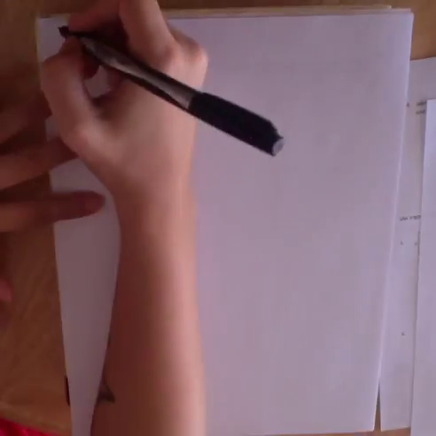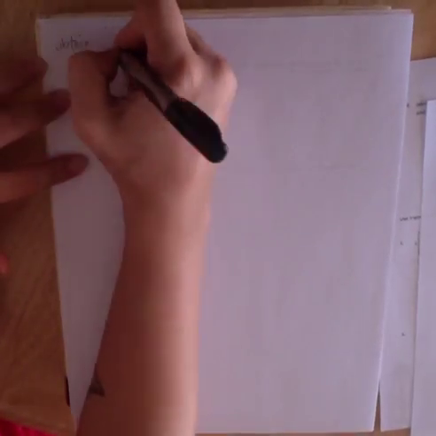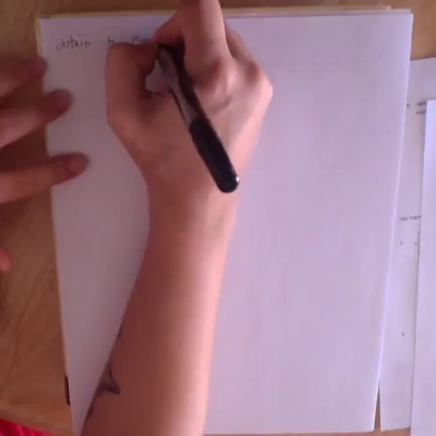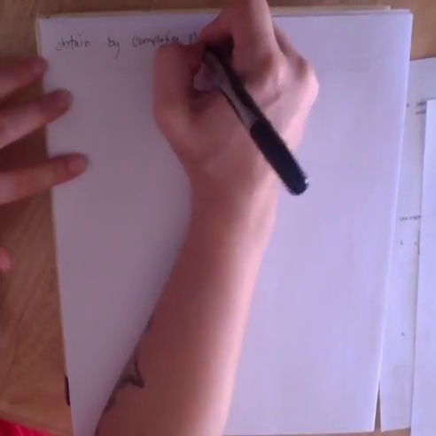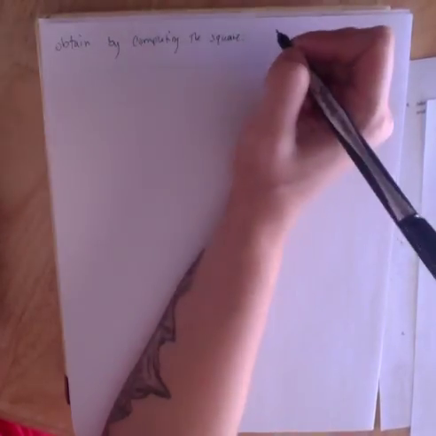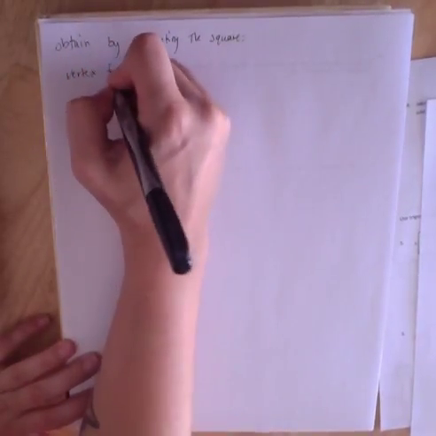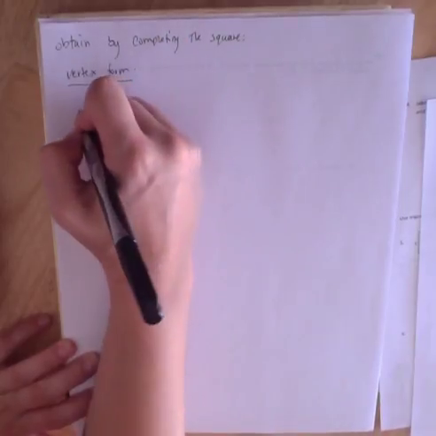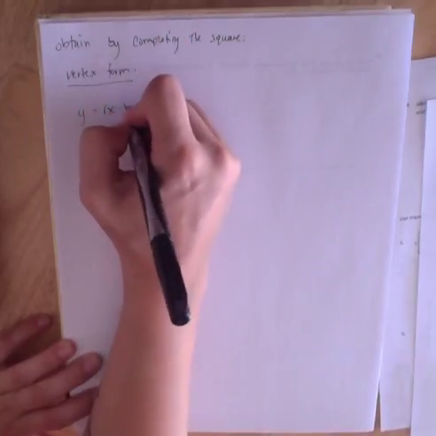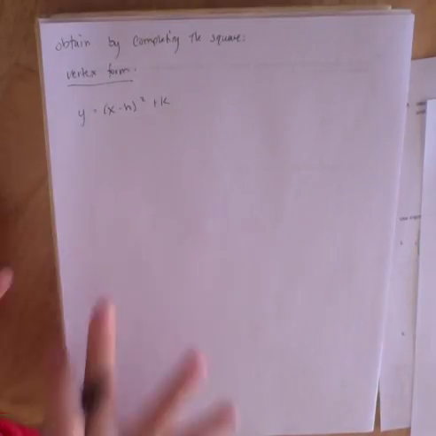Okay, now how do we obtain it? We obtain our equation by completing the square. Okay, and our vertex form, which is very important, we have y is (x minus h) squared plus k. Now, we're going to add on to this later, but this is the basic that you need to know now.